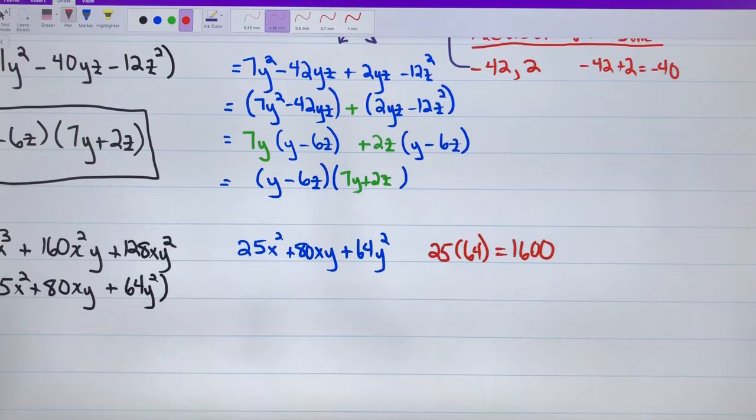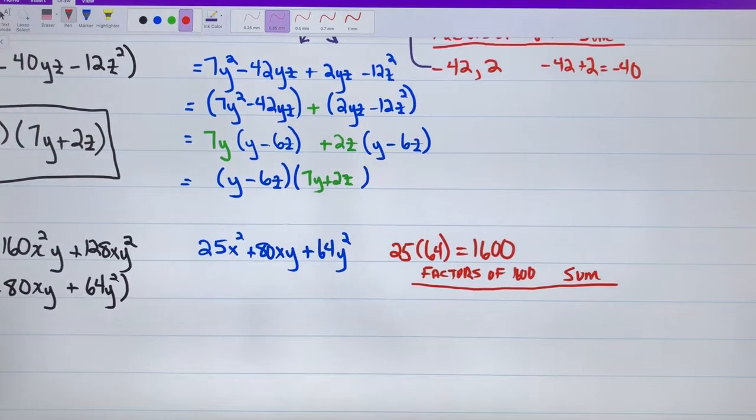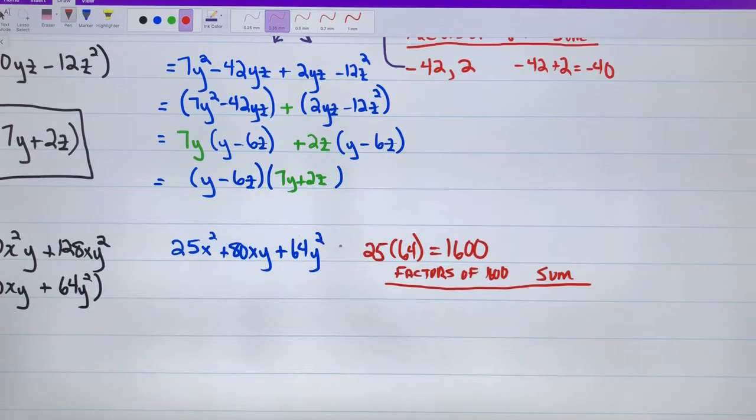Now we want factors of 1600 that will add up to 80. It turns out that 1600 is a perfect square number: 40 times 40 is 1600, and simultaneously 40 plus 40 is 80.